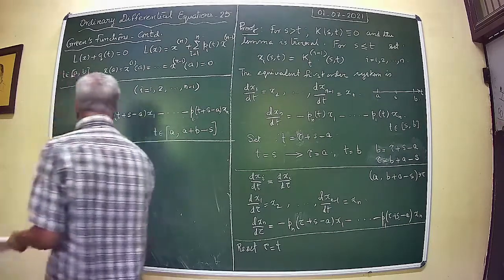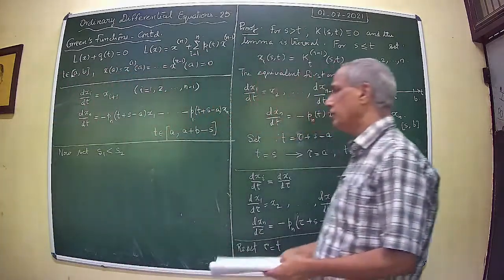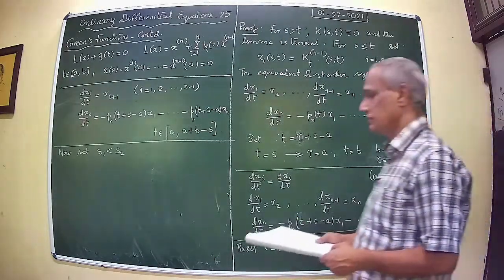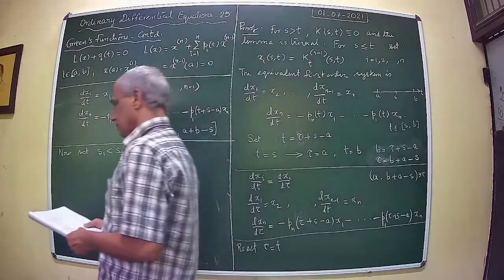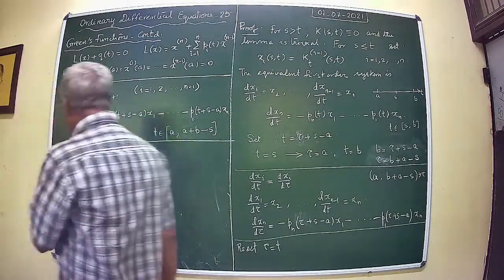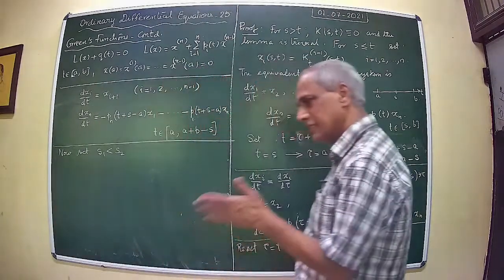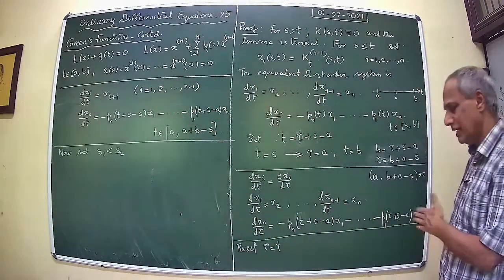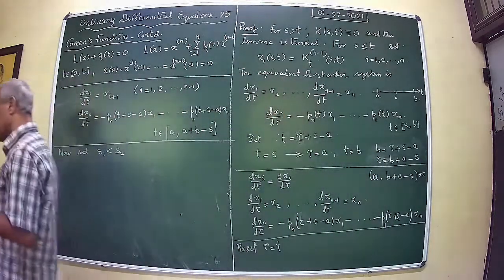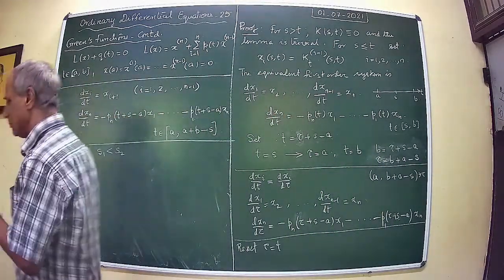Now we are trying to work out, to find out the continuity of the solution K(S,T) with respect to S. We have already, with respect to t, we know that it has been so constructed that the function as well as all its n minus 2 derivatives are continuous, and even the n minus first derivative has a jump discontinuity.